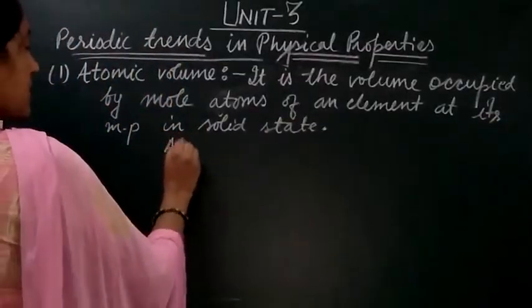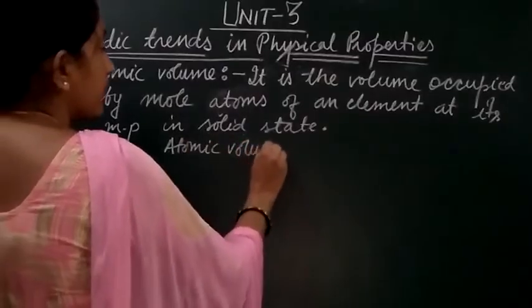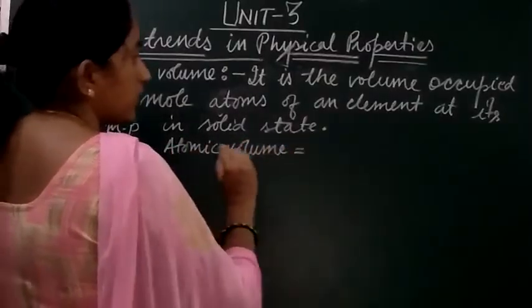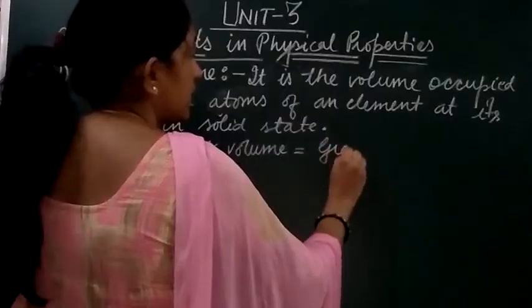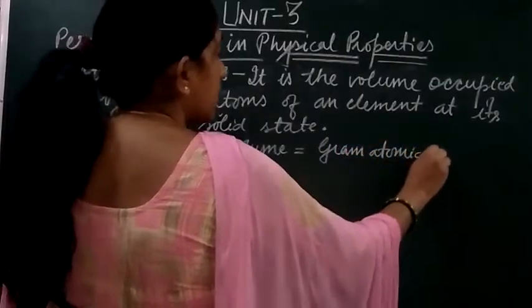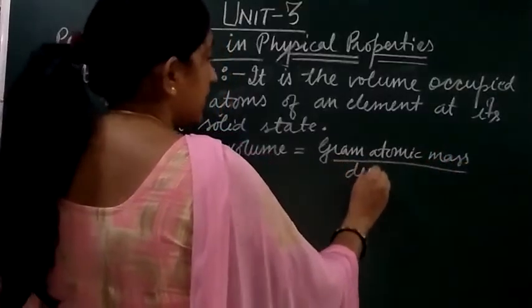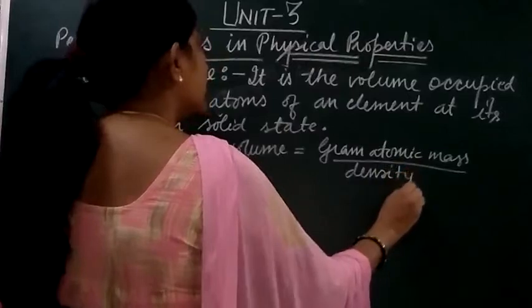Or we can express it in this way: atomic volume is equal to the gram atomic mass of that element divided by the density of that element.